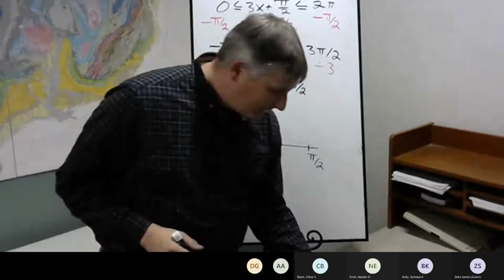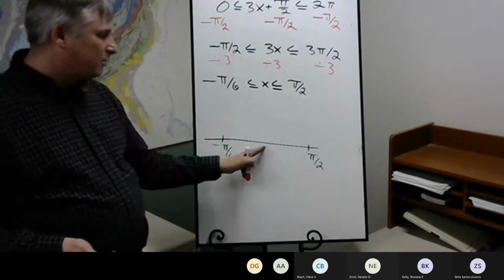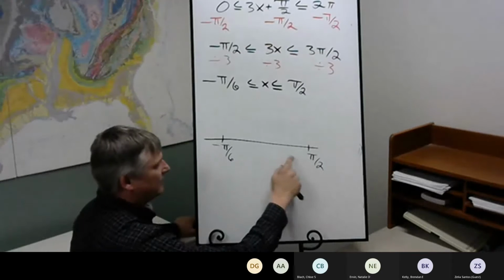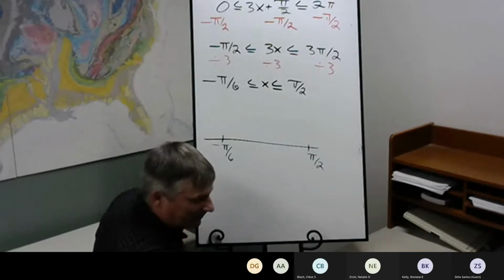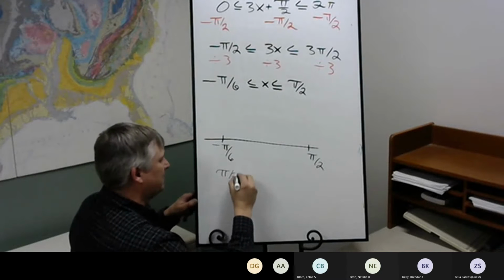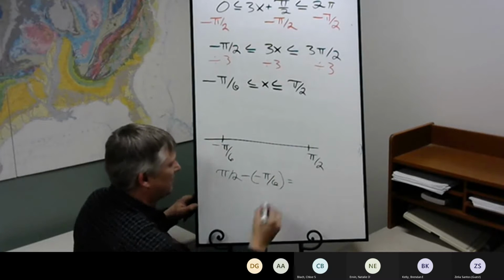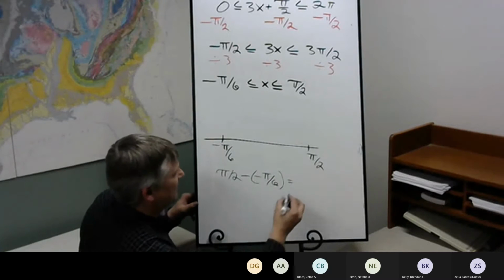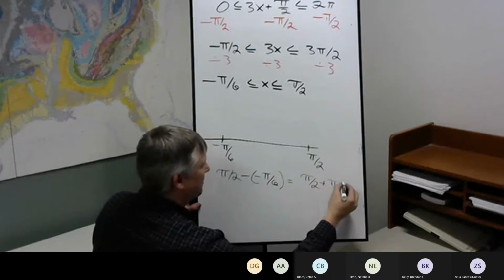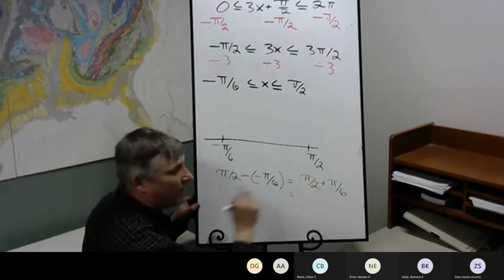Now, what we can do is we can figure out the other points. So for example, if you want to find the middle point here, take pi over 2, subtract negative pi over 6. We're going to get pi over 2 plus pi over 6. Multiply top and bottom by 3.